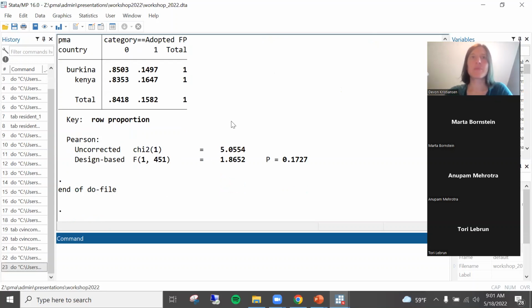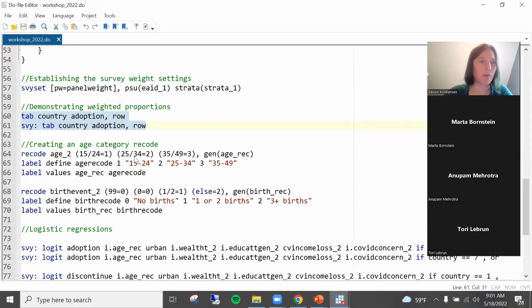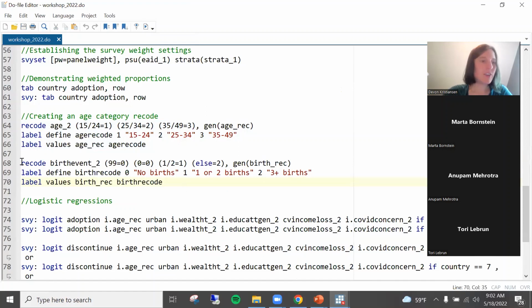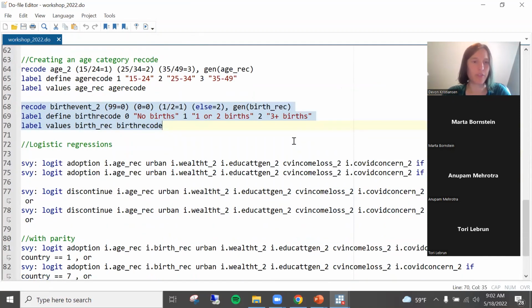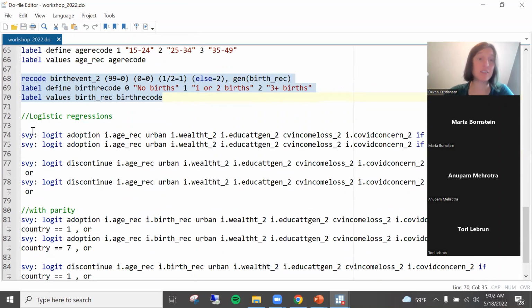Excellent. So I'm also going to create a categorical age variable, the way that the CARP paper did. And I'm also going to include a categorical for parity, so grouping the number of births. And then finally, I'm building my model.